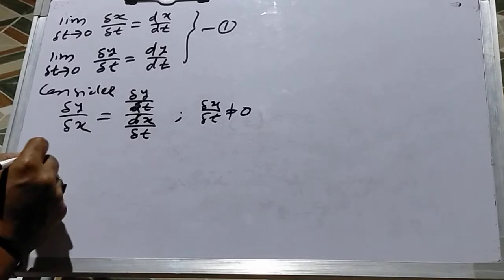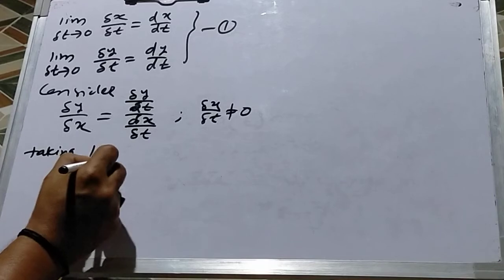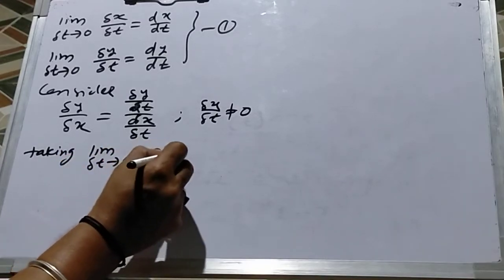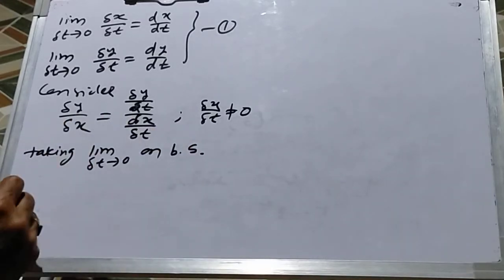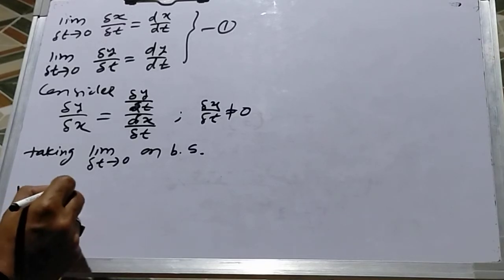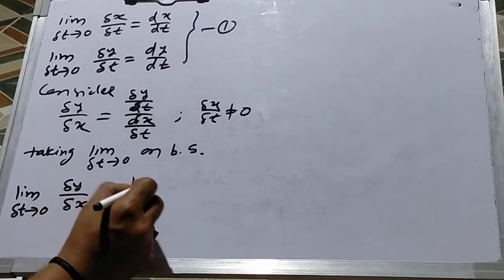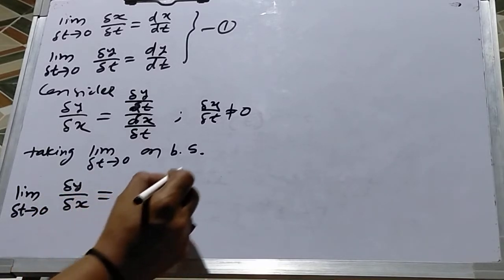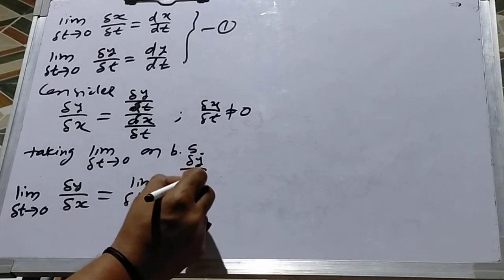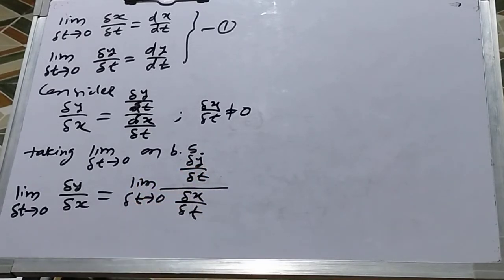Now taking limit delta t tends to 0 on both sides, limit delta t tends to 0, delta y by delta x equals limit delta t tends to 0, delta y by delta t divided by delta x by delta t.